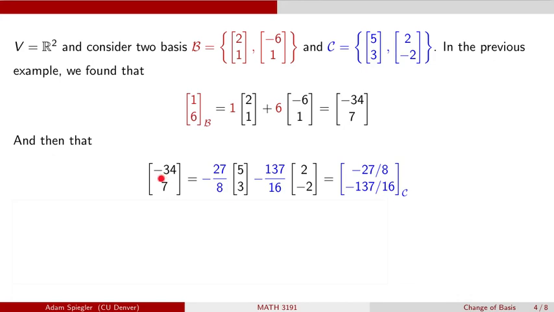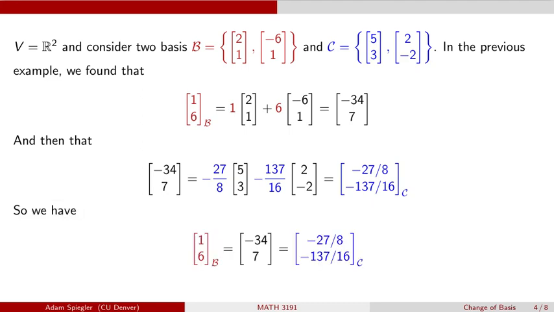So this means if I want to get minus 34, 7 by taking linear combinations of basis vectors in C, then I'm going to weight the first one by minus 27/8. So I'm going to take that scalar times the first basis vector 5, 3, and then add to that the second weight, which is minus 137/16 times the second basis vector. And if you add up this linear combination, we get minus 34, 7 again.